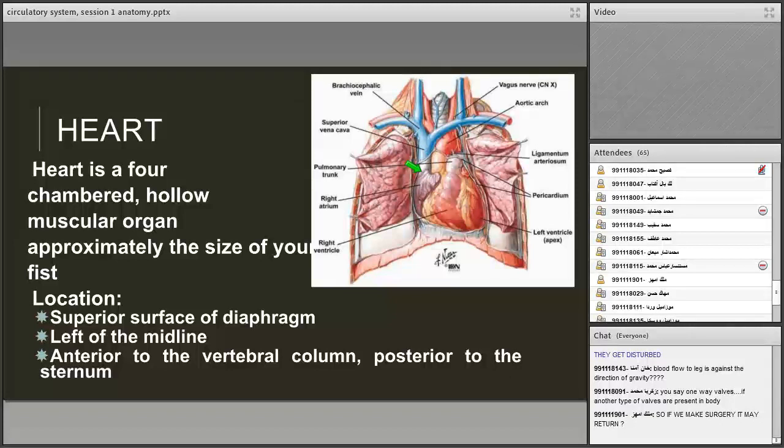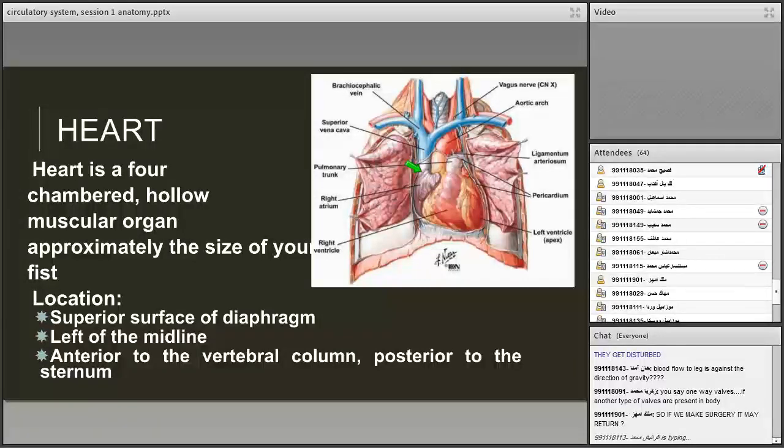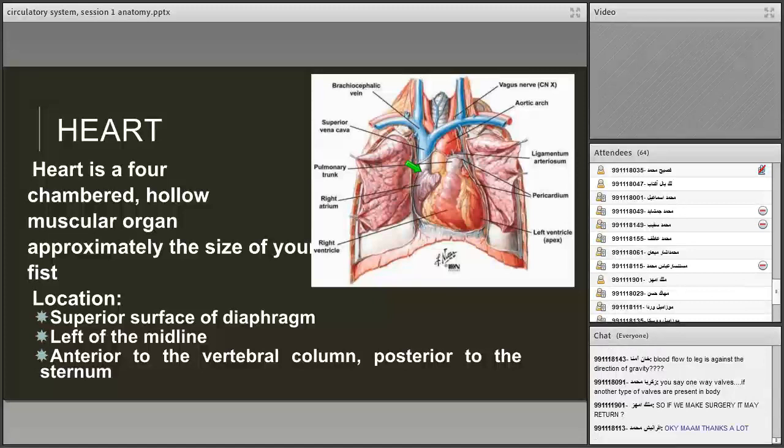By walking, the muscles around the veins will work and these valves will function appropriately. But if you just stand up without walking, the valves will function abnormally and then this will happen.